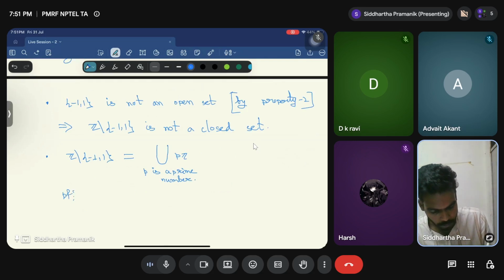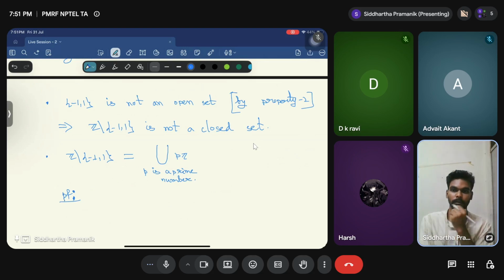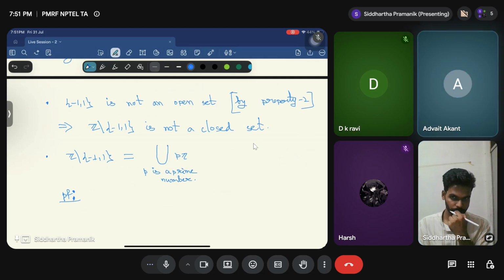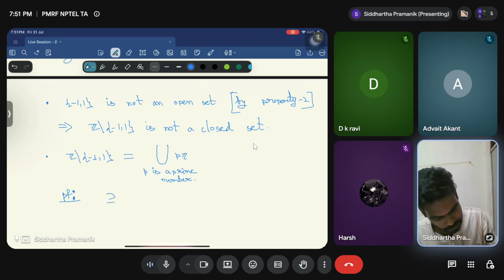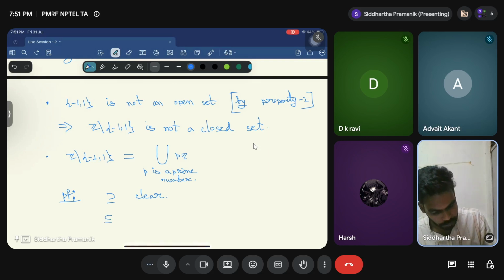Why is this true? Can you see why this is true? Because every integer of modulus greater than or equal to 2 has a prime divisor. Yes, exactly. So this containment is clear. This is trivial.